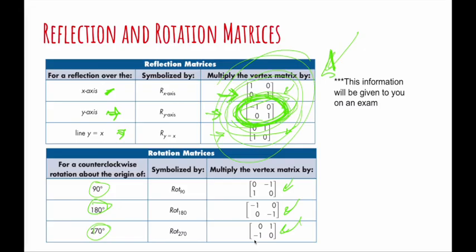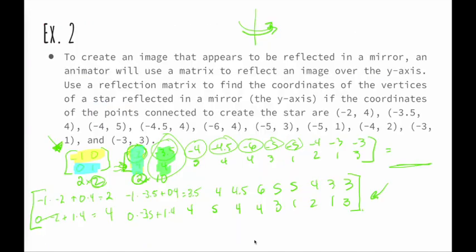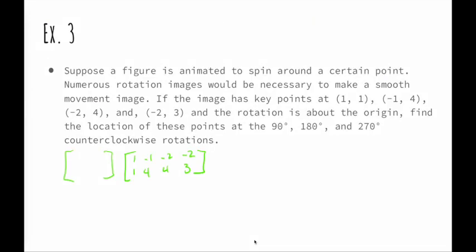If we go back here, for 90 degrees it's 0, -1, 1, 0. Again, you have to put the rotation matrix out front because this is a 2 by 2 and this is a 2 by 4. If you put it at the end, it's not going to work.